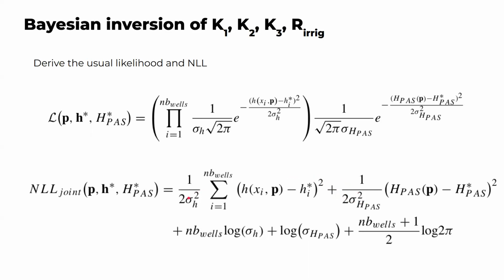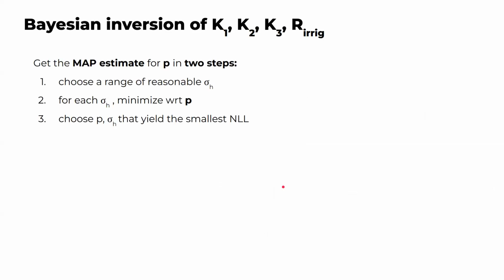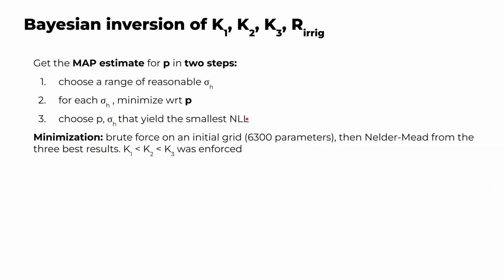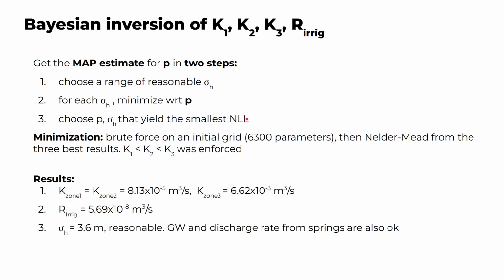So what we do is we repeat the minimization of the NLL for a bunch of different plausible values of sigma H. For each value of sigma, we minimize the negative log likelihood, and we get the corresponding value of the parameters. And then we choose the couple P, sigma that yields the smallest NLL.